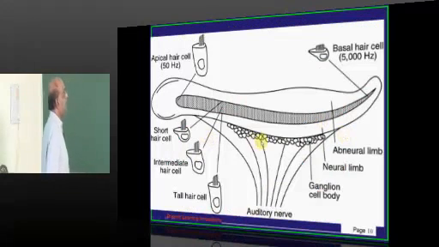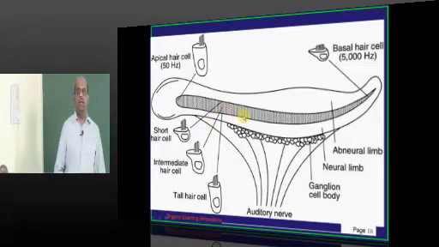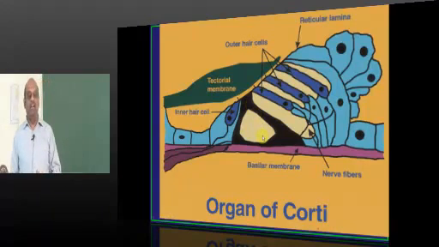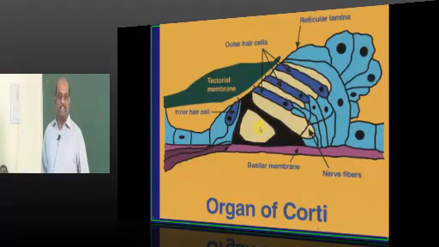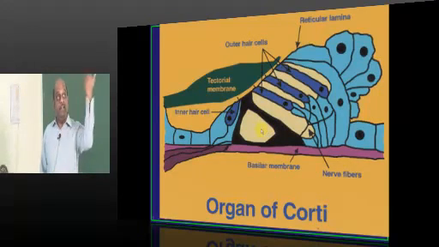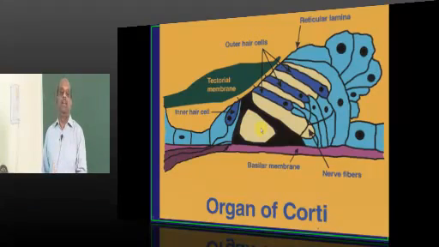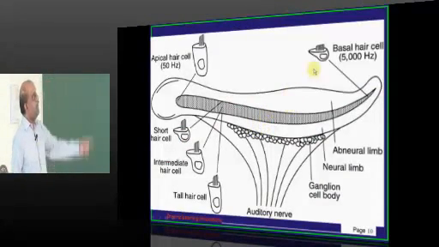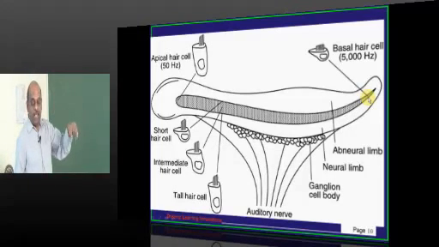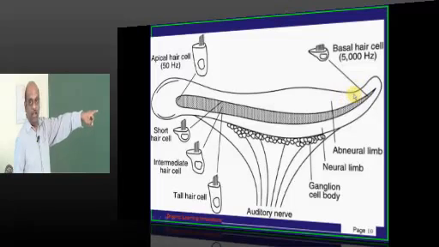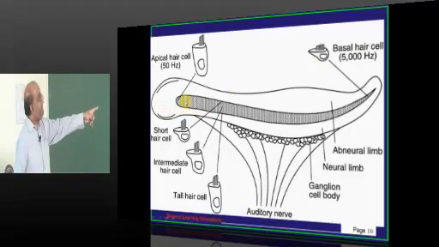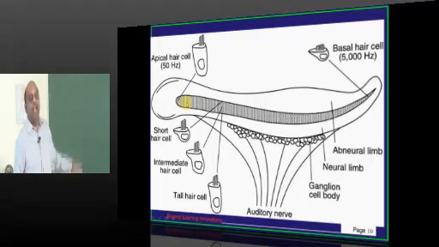Now, if you look at our basilar membrane, it is like a string of a veena or any musical instrument. Different vibrations are perceived by different parts of this basilar membrane. The hair cells in the basal part of the basilar membrane perceive around 5000 hertz, whereas the apical part hair cells perceive 50 hertz.